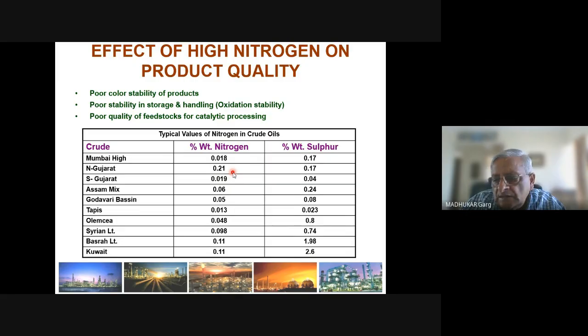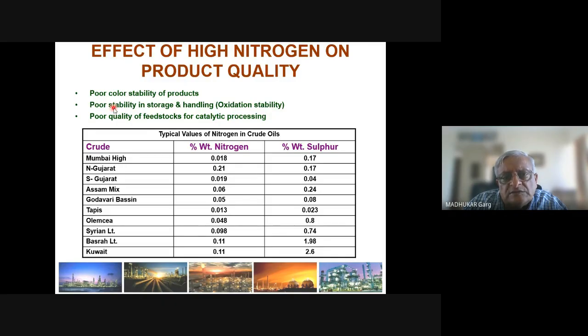That problem was referred to us at the Indian Institute of Petroleum, and we did complete research to find out that there was a nitrogenous compound giving that pinkish color. It came from the oil field chemicals, the chemicals used in oil drilling. So we developed a method to remove this nitrogen compound.